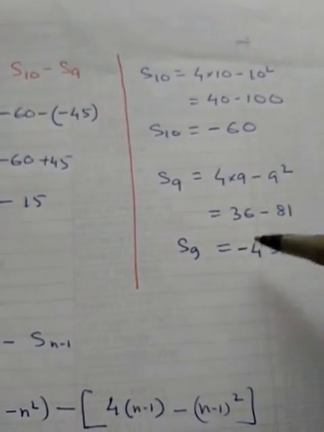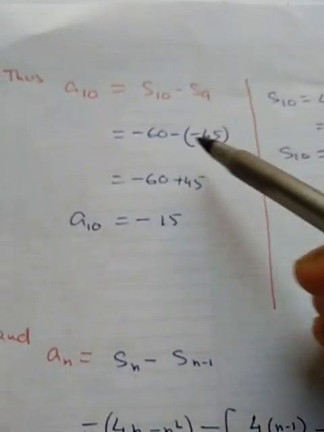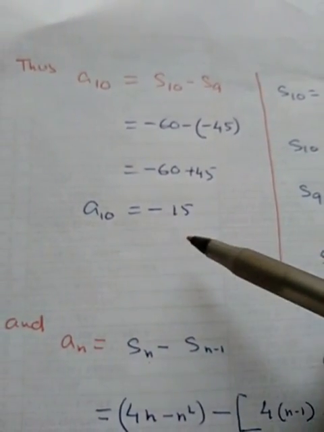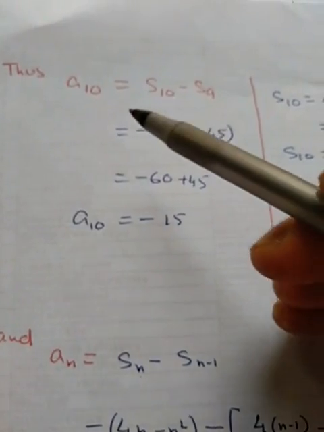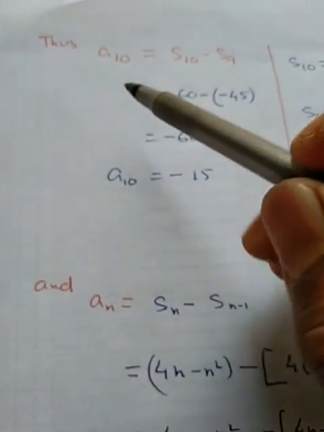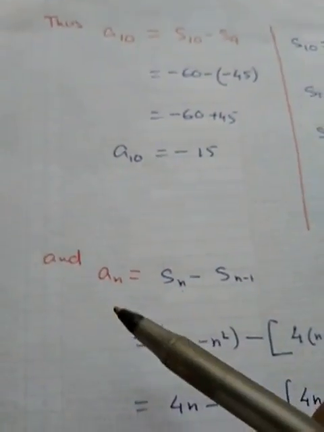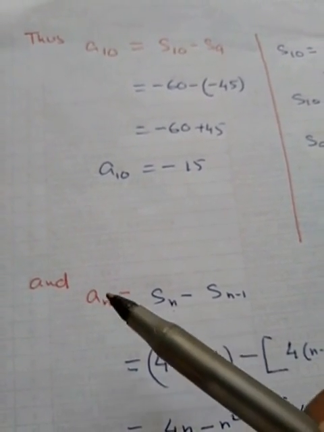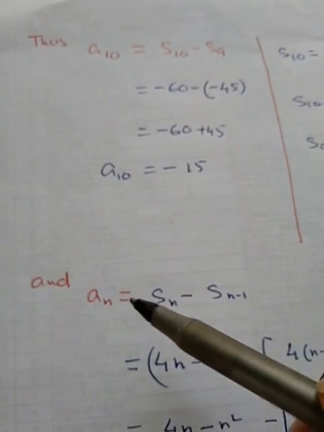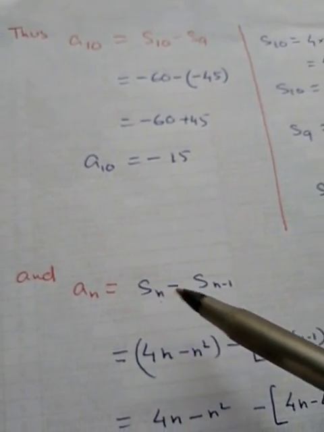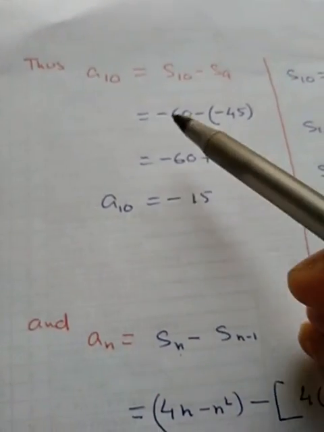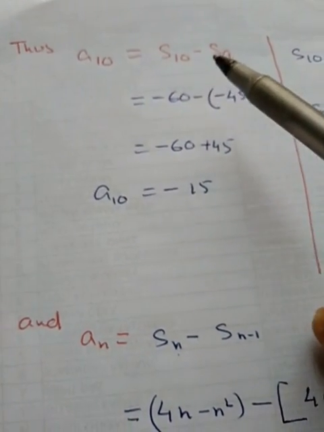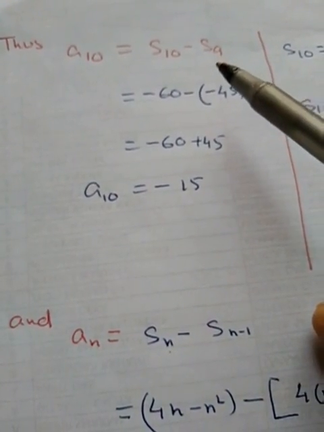Now we put these two values here and simplify to get A10, which is minus 15. So we can remember this as one relation: for any nth term, if Sn is given, An equals Sn minus Sn minus 1. Like here, to find A10, A10 will be S10 minus S9.